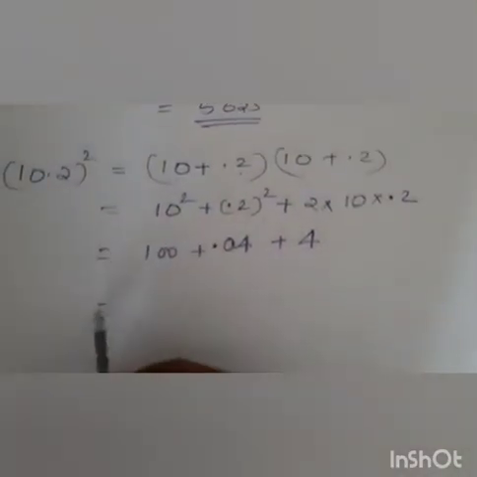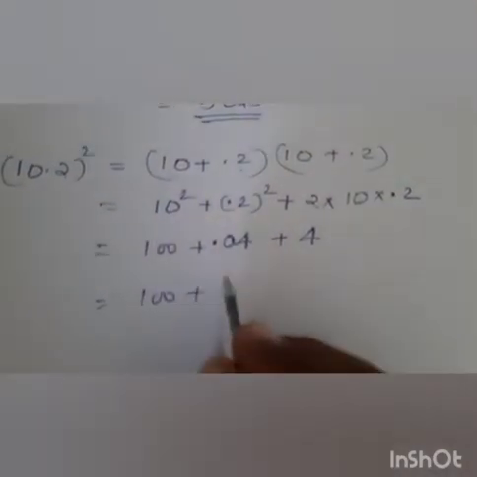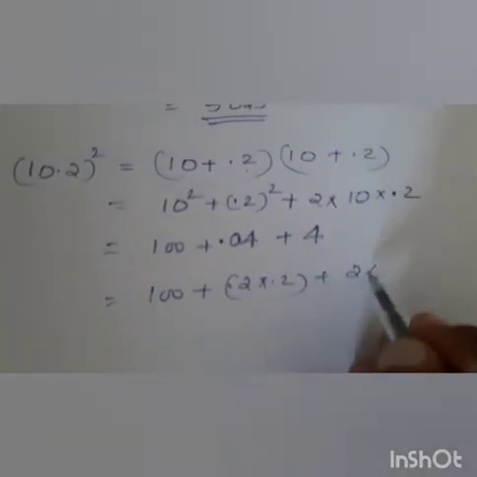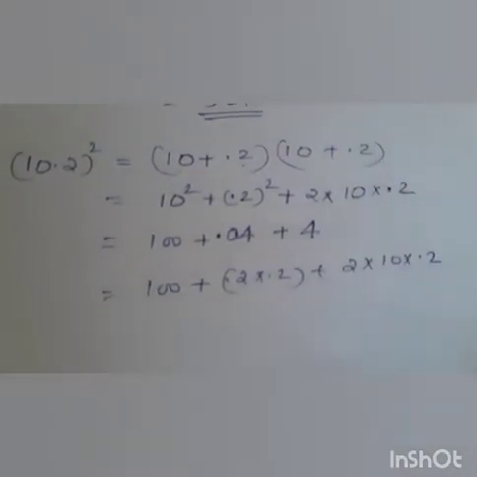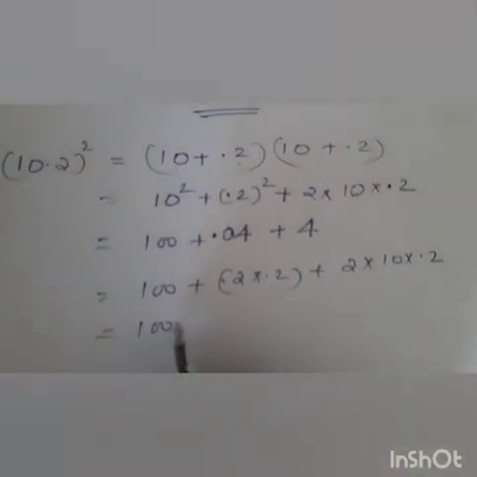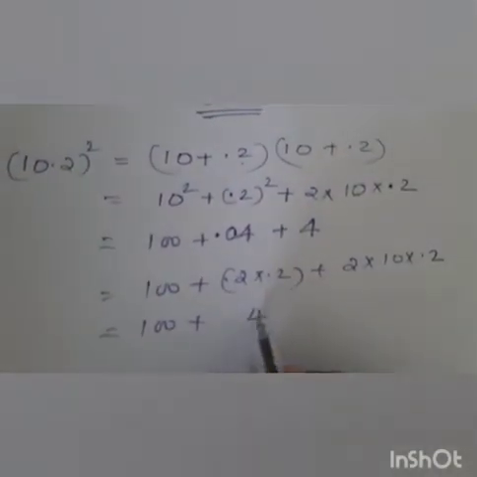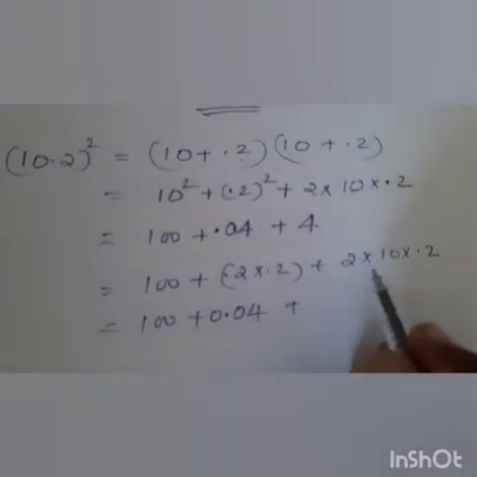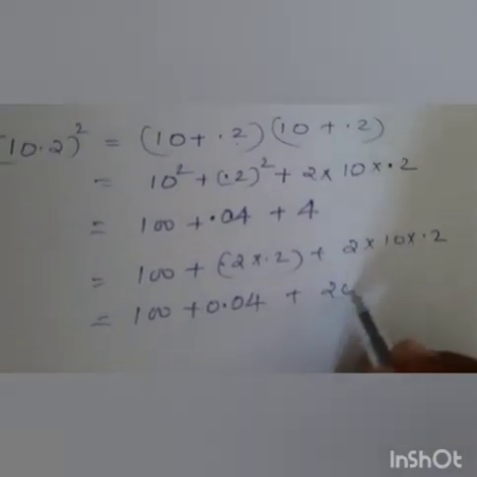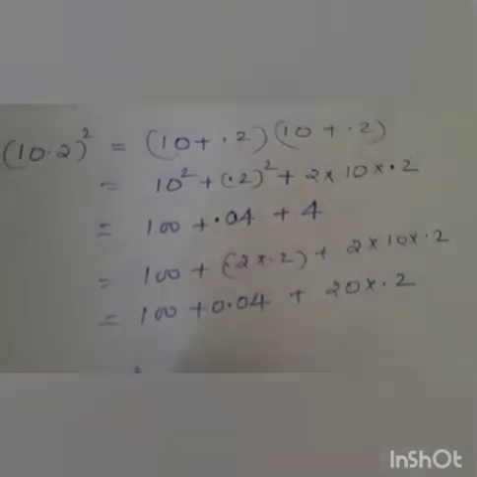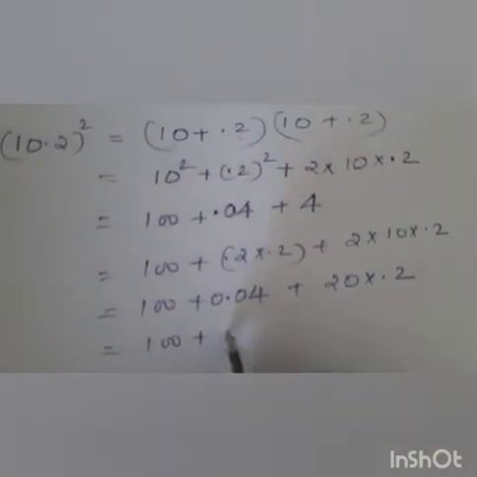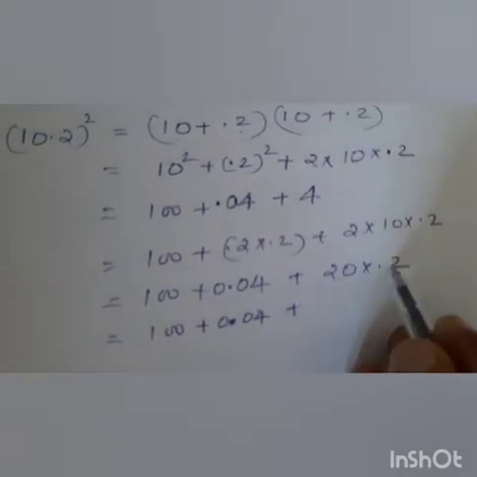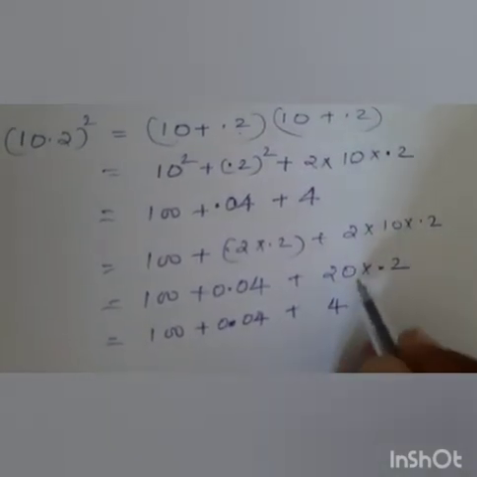See again, 10 square is 100 plus 0.2 into 0.2 plus 2 into 10 into 0.2. So 100 plus 2 into 2, 4, then 2 decimals, so 0.04, plus 2 into 10, 20, 20 into 0.2 is 40.